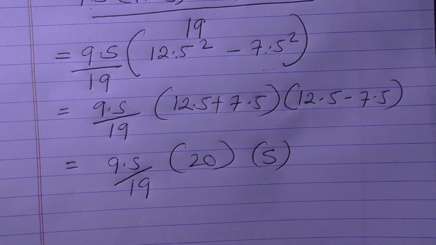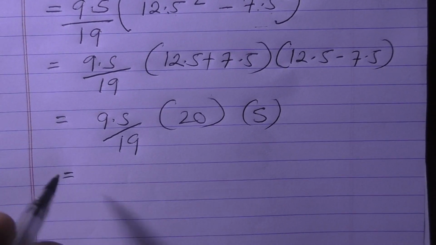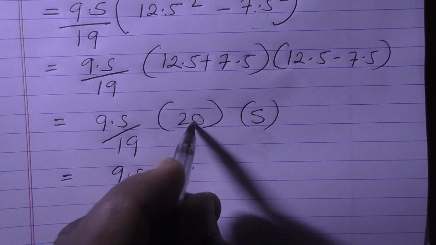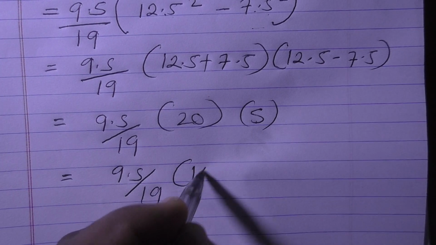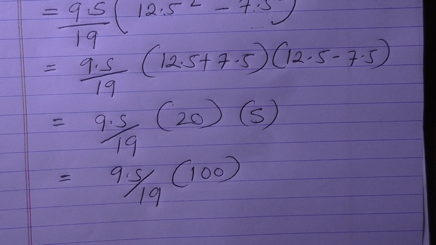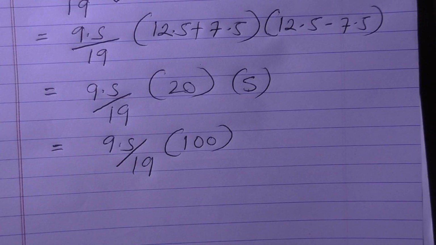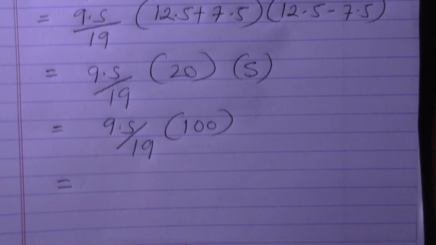So after that we can open brackets, so that we get 9.5 over 19 into, when we multiply here we get 100. So we continue simplifying.